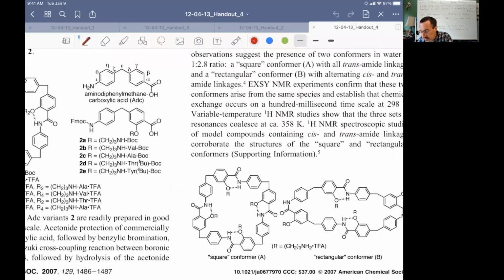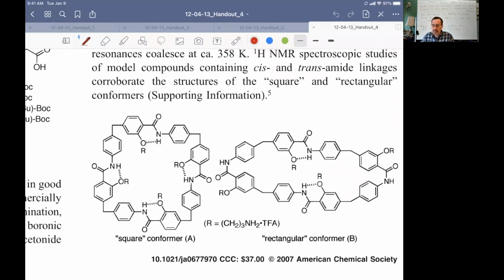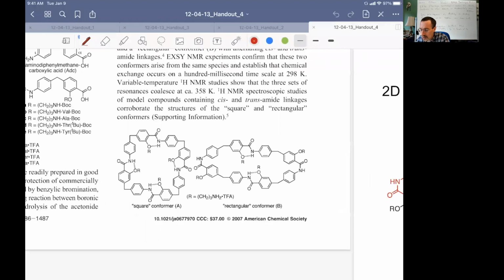What he eventually figured out, he saw 2 sets of resonances. One set of resonances from a symmetrical conformer, a square conformer, and one set from a rectangular conformer. And he wanted to establish that these sets of resonances actually belonged to the same molecule and figure out what was going on.